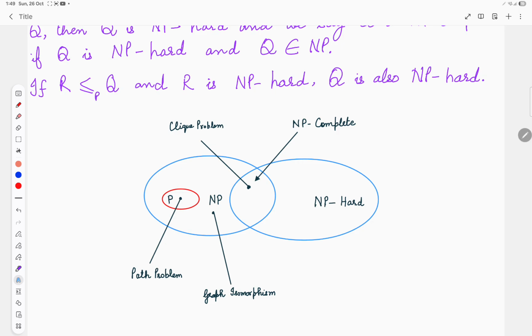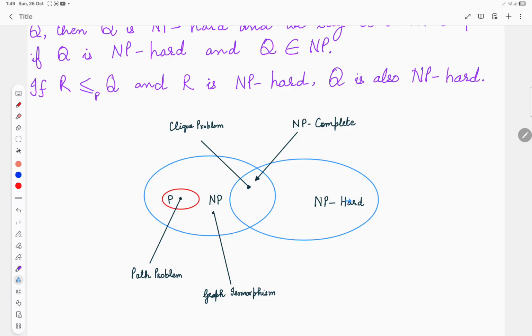And I have specified certain problems which belong to the P class, like the path problem, and NP problems like graph isomorphism. Let's say this is NP hard, because there is a class NP hard.